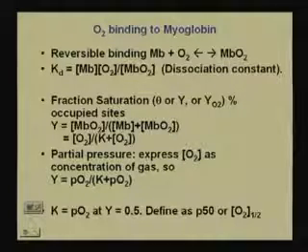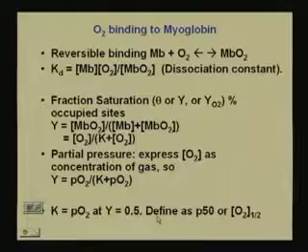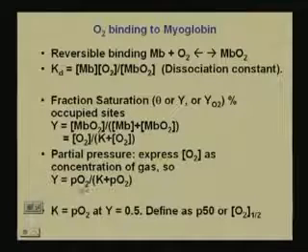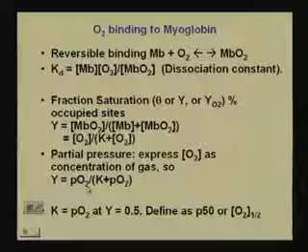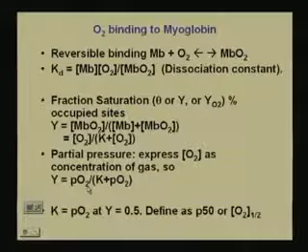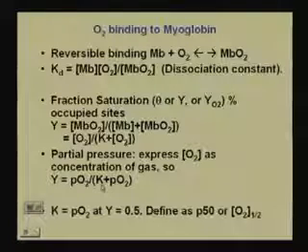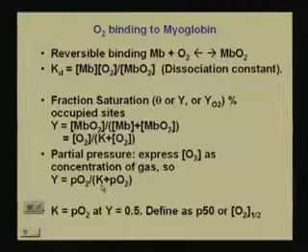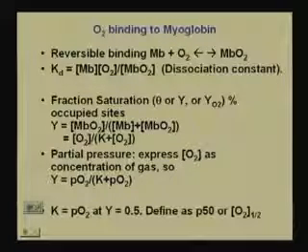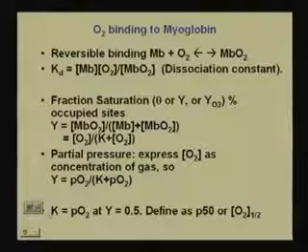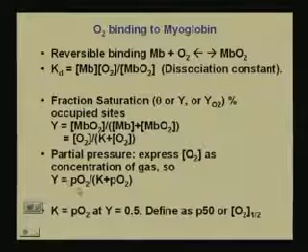Okay, so what do we have? We can get the partial pressure PO2 in terms of Y when you know what the K is and you know what the PO2 is. At 50% saturation, what do you have? This is just like the hyperbolic curve that I showed you for protein ligand binding in the beginning, where Y is equal to X divided by X plus Z. So when you have this PO2, now we know what the partial pressure of oxygen is.